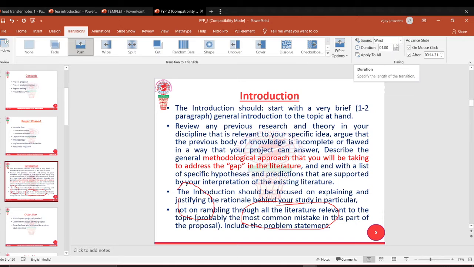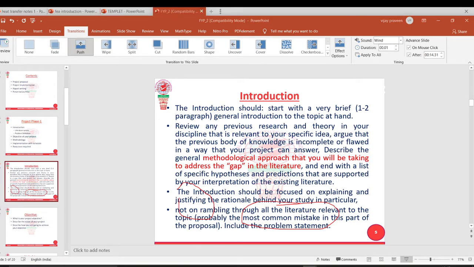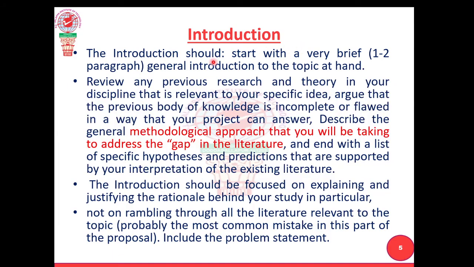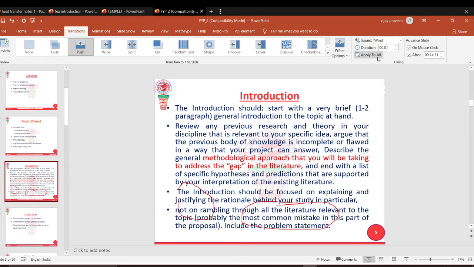And if you want to change the duration, suppose I want the slides to change automatically, the default is set to 1 minute. Suppose I set it to just 1 second. Automatically what happened, it changes. I can use a mouse click to change it, or you can keep it automatic. But it is better to always use the mouse.